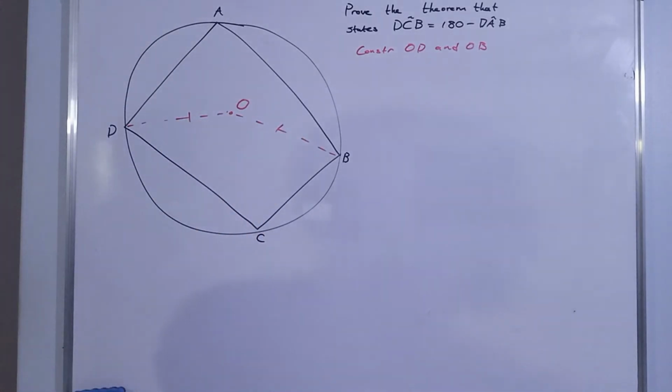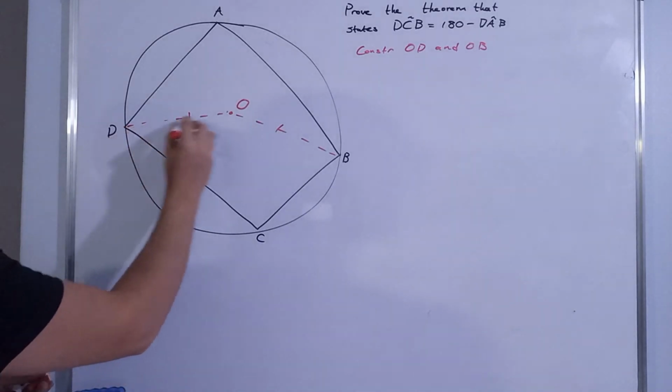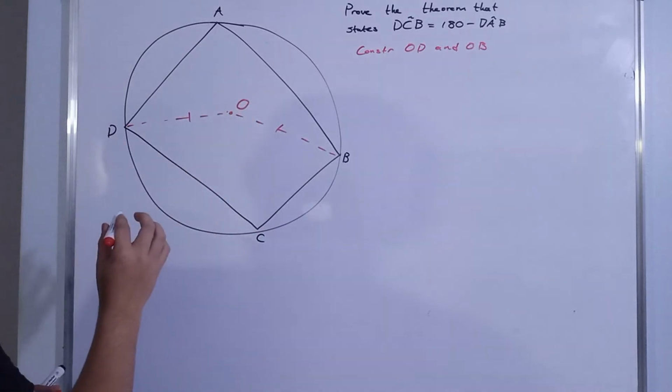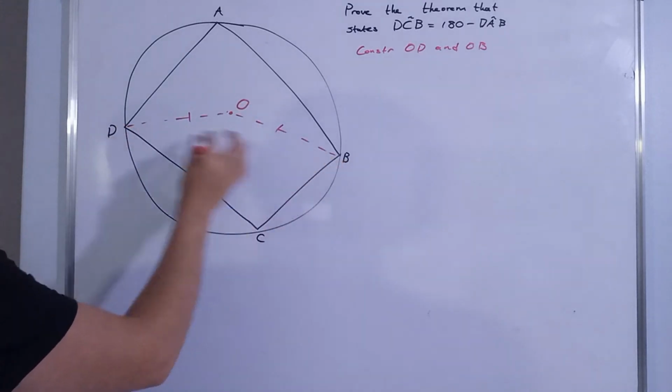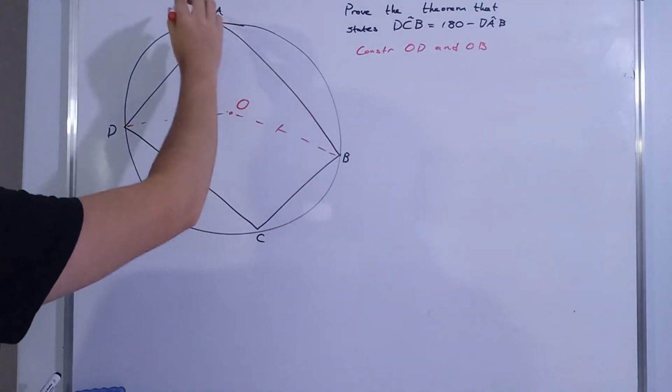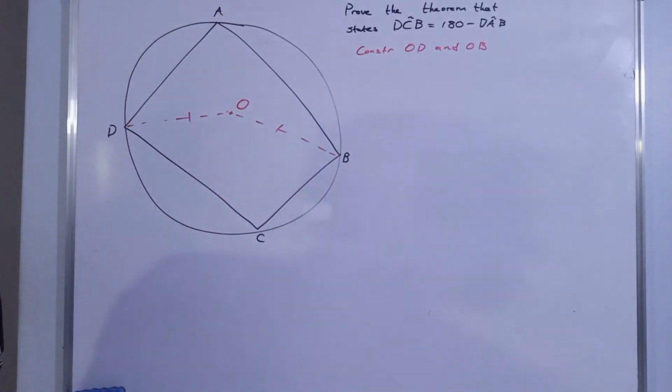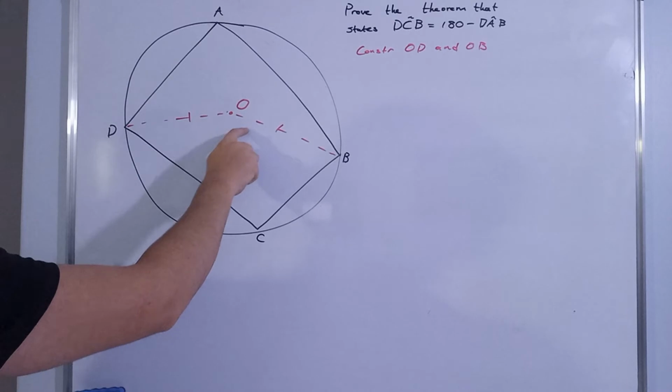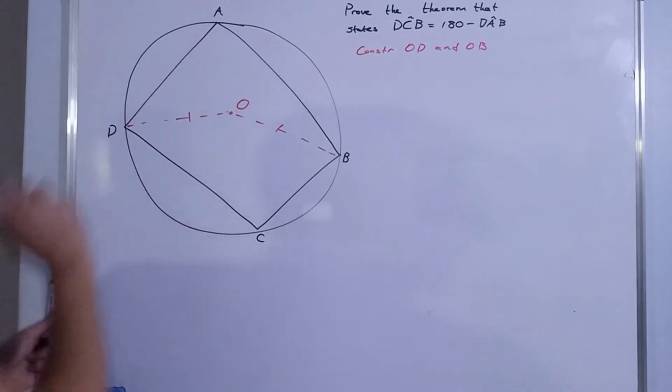What this creates is a situation where we essentially have an angle at the center subtended by DB, and we have an angle at the circumference also subtended by DB. As we know, in that situation, this angle will be 2 times that angle.